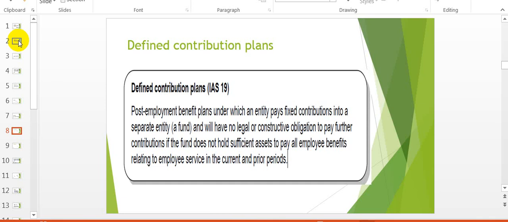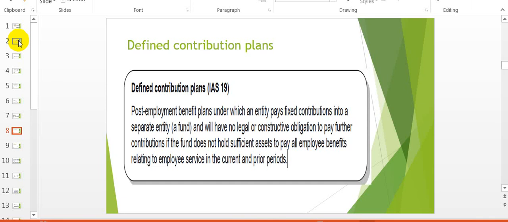The sponsor will have no legal or constructive obligation to pay further contributions if the funds held in this separate entity are not sufficient to pay all employee benefits relating to the employee services in the current and prior periods. So the obligation of the sponsoring entity ends with the contributions which are made to the plan.